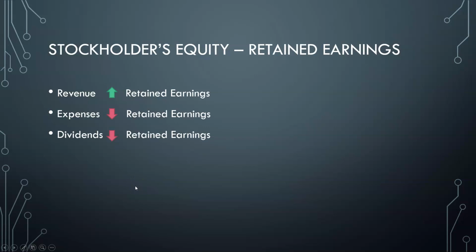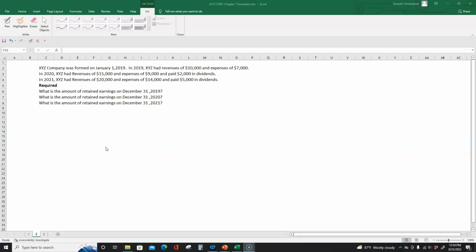Let's take a look at an example where we learn how to calculate retained earnings. Pause the video, read the question, and then continue on with the video. It says, XYZ Company was formed on January 1st, 2019. In 2019, XYZ had revenues of $10,000 and expenses of $7,000.